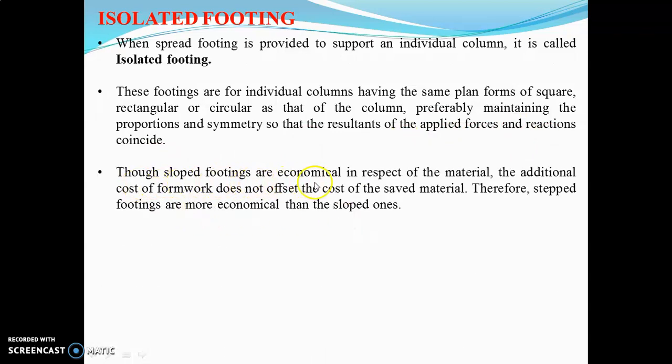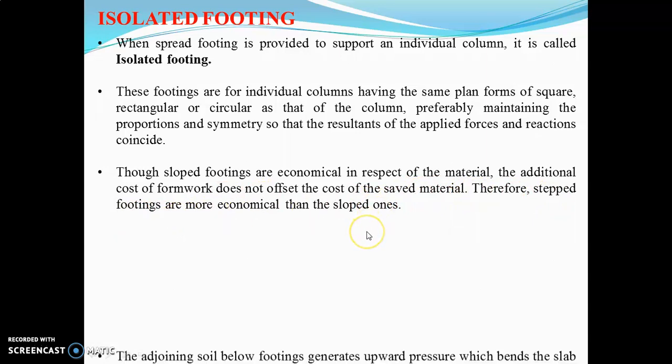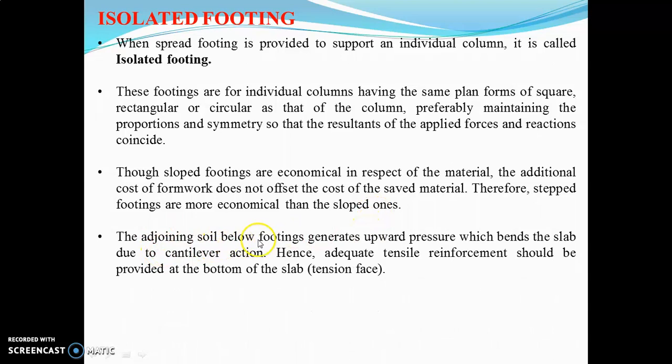Though sloped footings are economical in respect of the material, the additional cost of formwork does not offset the cost of the saved material. Therefore, stepped footings are more economical than sloped ones. The adjoining soil below footings generates upward pressure which bends the slab due to cantilever action.